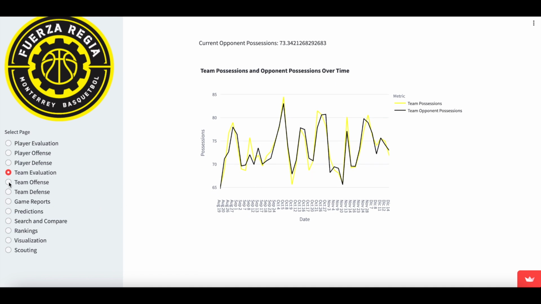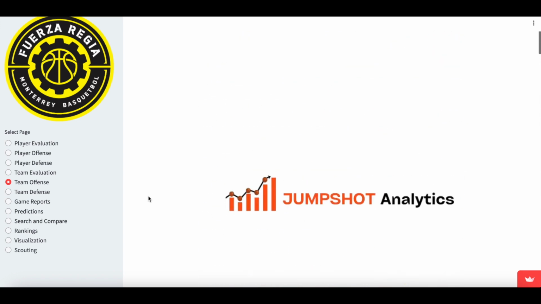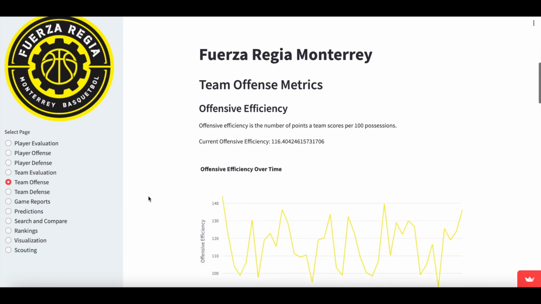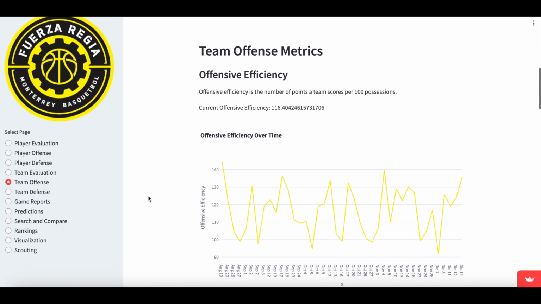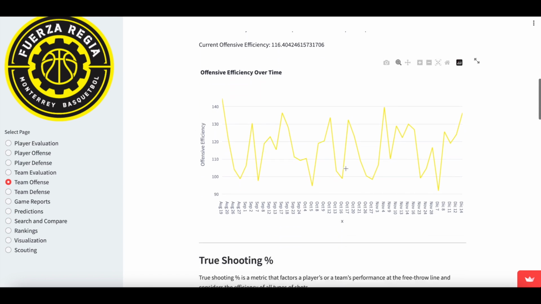Next, we go to team offense. Starting with offensive efficiency, which is kind of like offensive rating. We display the offensive efficiency of the team, also represented with a line graph.